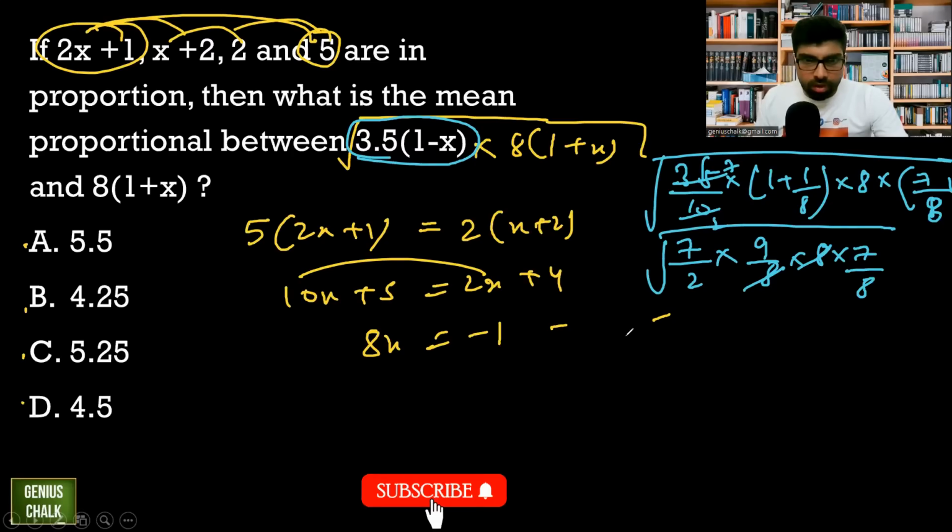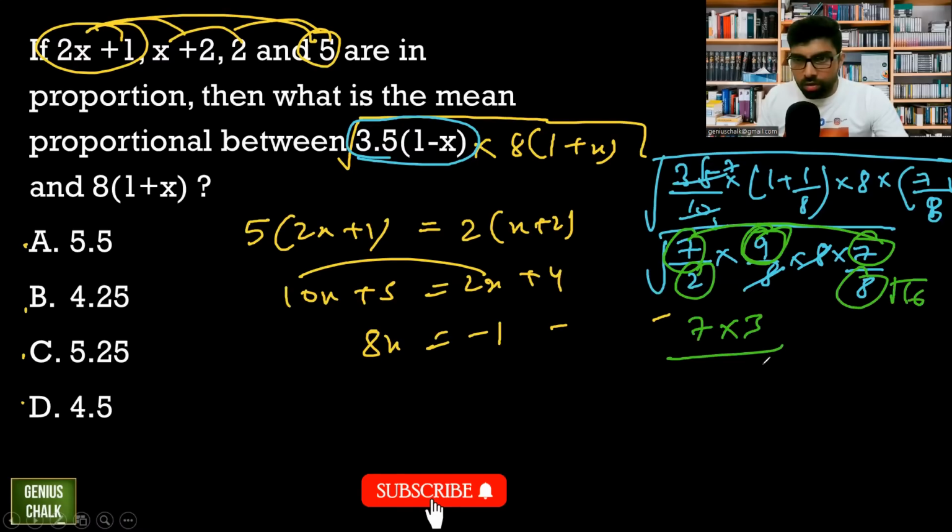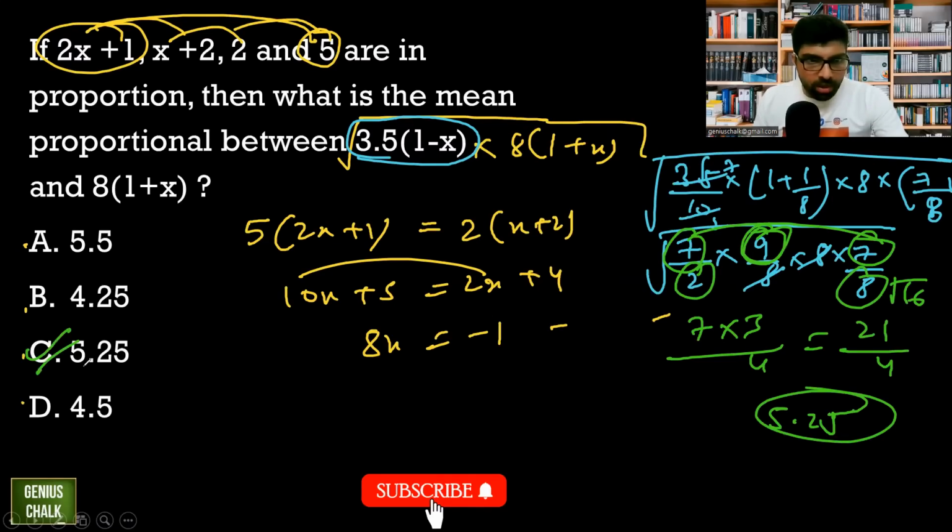Now you see what is left: 9 and 7. 7 into 7, 49. The root of 49 is 7. The root of 9 is 3. And 2 into 8 is 16. The root of 16 is 4. So this value is 21 by 4, that is 5.25. That is option C.